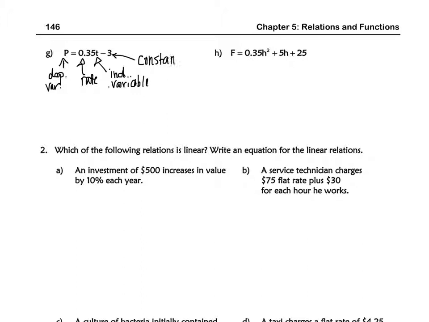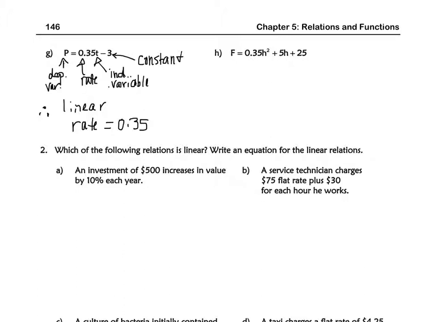So the initial amount, in other words. So this one would be a linear relation. And if you remember our form of the equation, the rate would just be 0.35. And we don't know the units of what P and T represent, so we'll just leave it at 0.35.